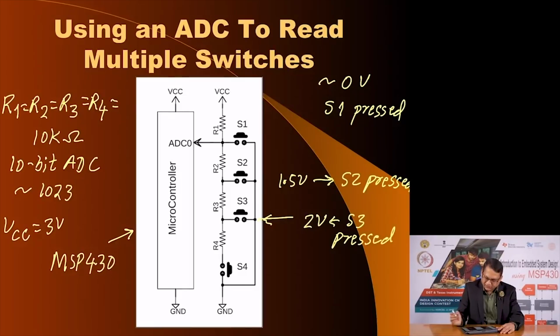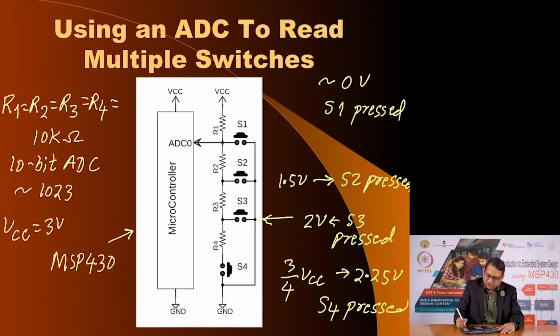Similarly, if I press S4, it is going to put an ADC value equal to 3 by 4 of VCC, which is about 2.25 volts. And so, if you read an ADC count corresponding to 2.25 volts, then you conclude that S4 is pressed.